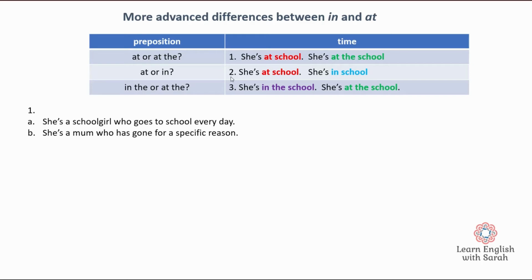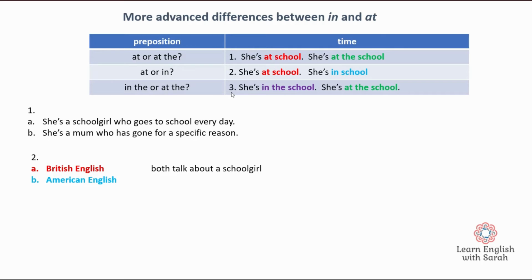Alright, so number 2, she's at school or she's in school. So this first example here, the red one, is actually British English, whereas the blue sentence is American English. The actual meaning of these two is the same. So both of these are talking about a schoolgirl who goes to school every day.